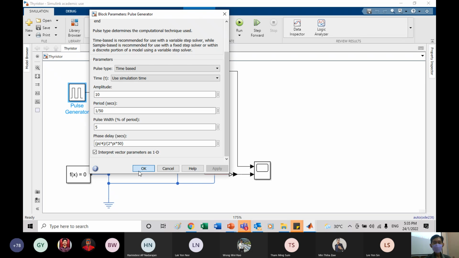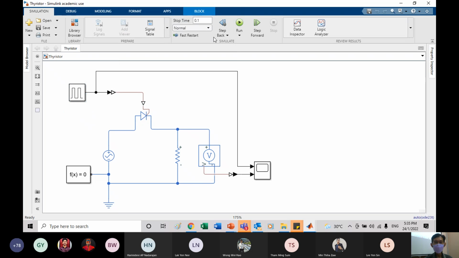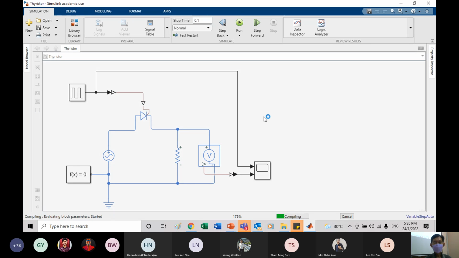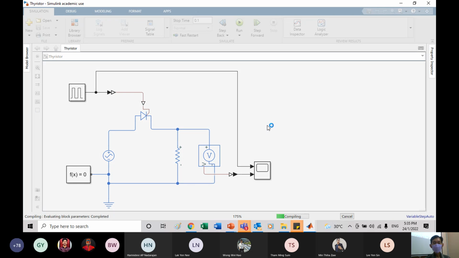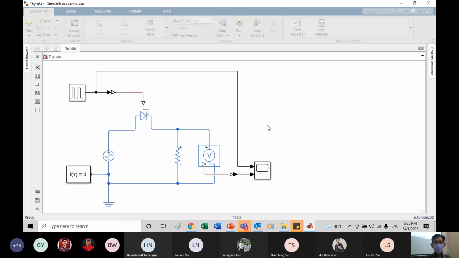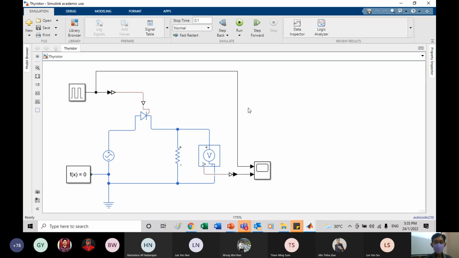Now later we will play around with that. Now we run this at 0.1 second, then you look at the scope.